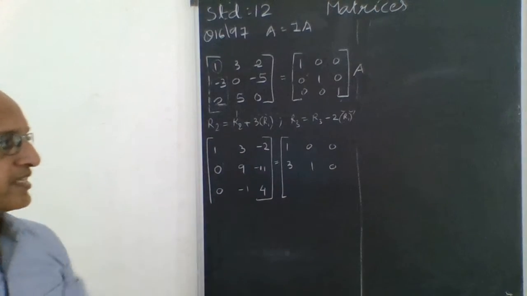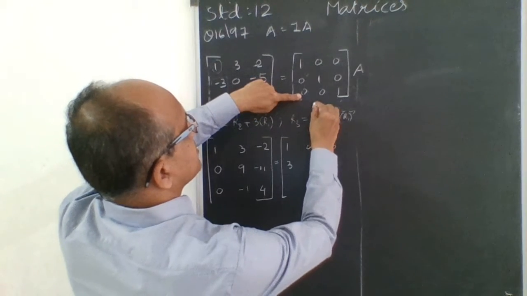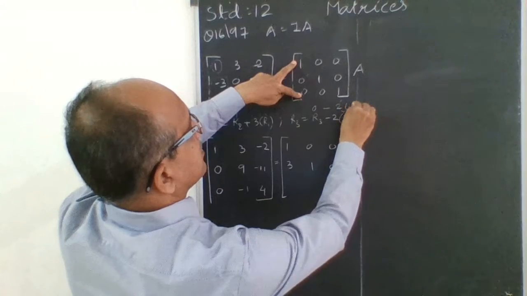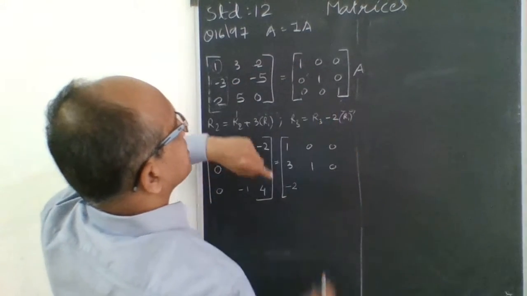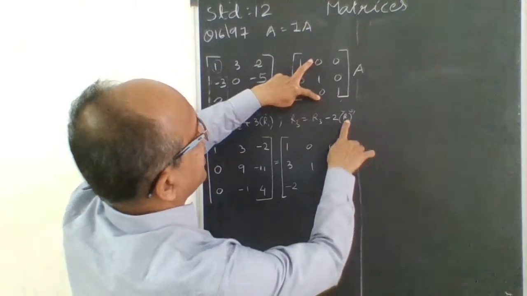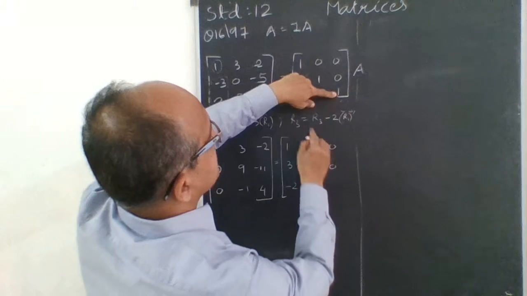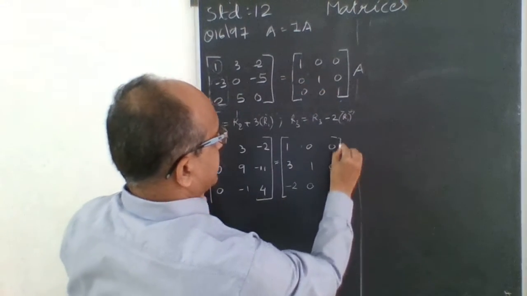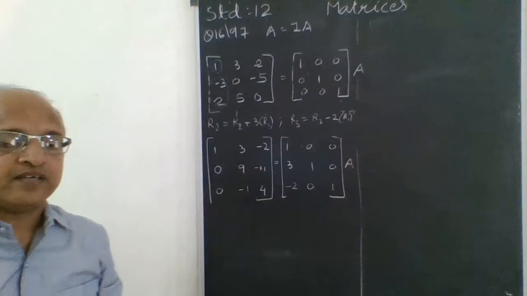So that we did for the second row. Now for the third row, see R3, that is 0 minus 2 into R1, so it becomes minus 2. Then this is 0 and R1 is also 0, so it is 0. Then here this is 1, R1 is 0, so that means it remains 1. So into A we are getting this. That is our first step.